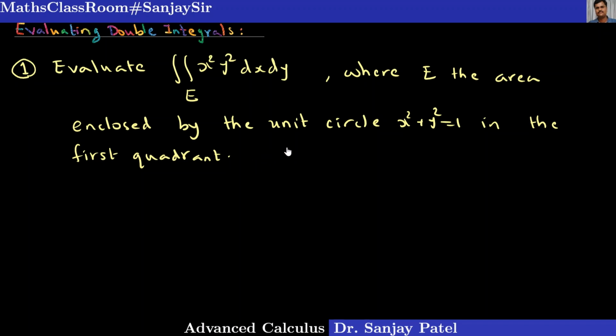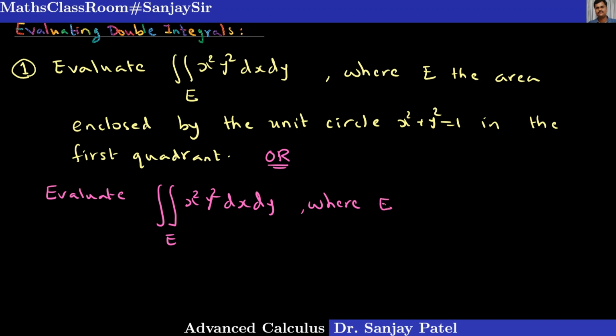This can be asked in a different way, say: find the value of the double integral over E of x square y square dx dy, where E is the set of all x comma y in R2 such that x square plus y square is less than or equal to 1, x is greater than or equal to 0, and y is also greater than or equal to 0. So this is our set.